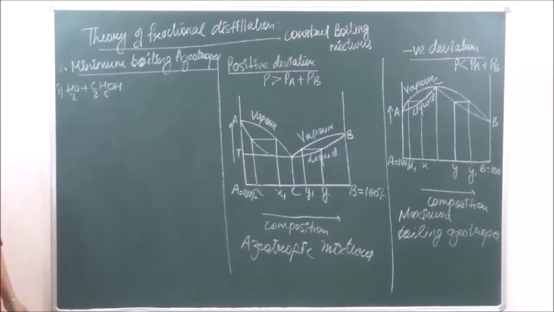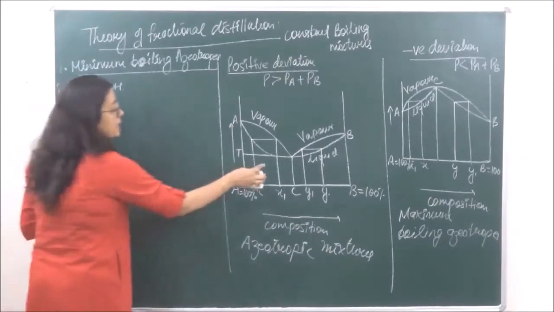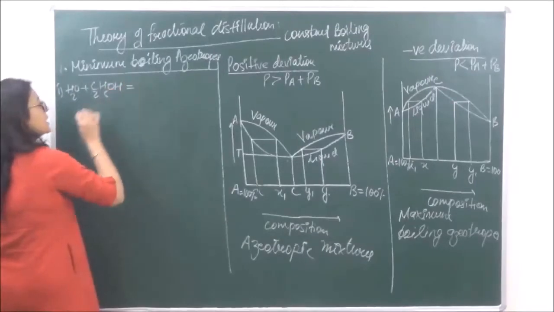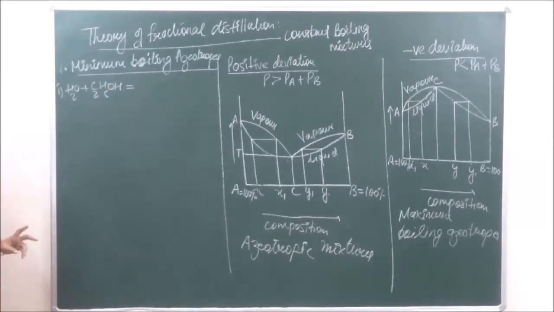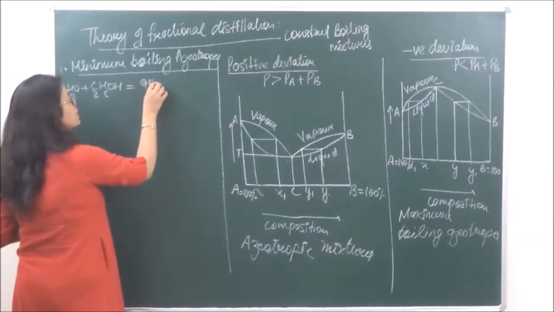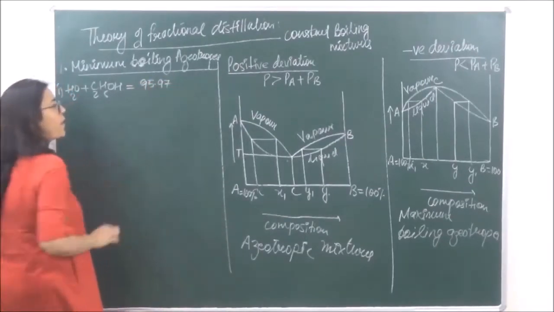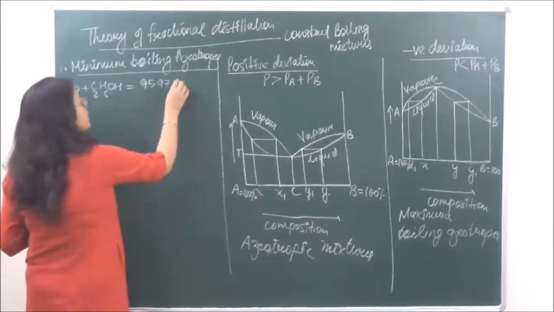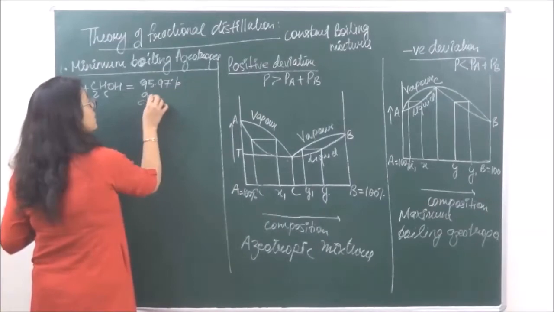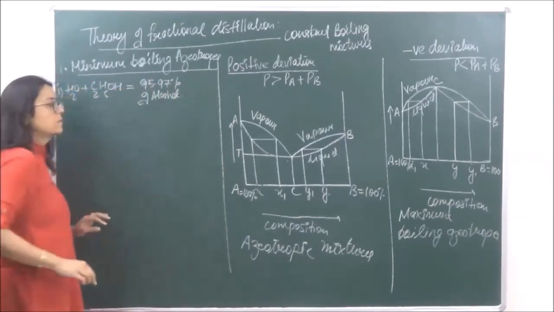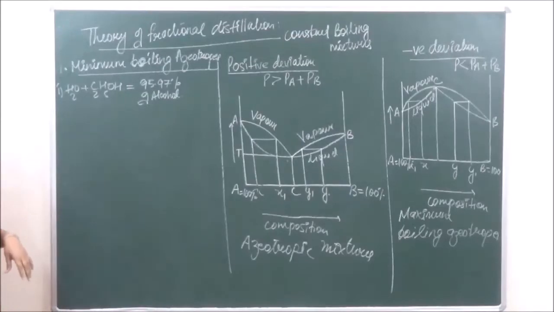Now, we are talking of the percentage composition of the azeotrope at C. At C, we can only distill 95.97% of alcohol, right?